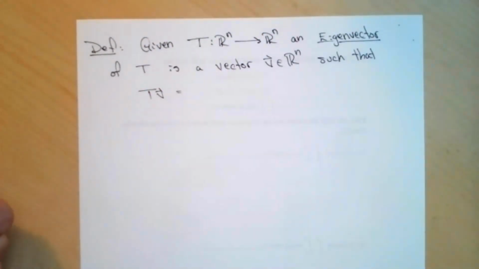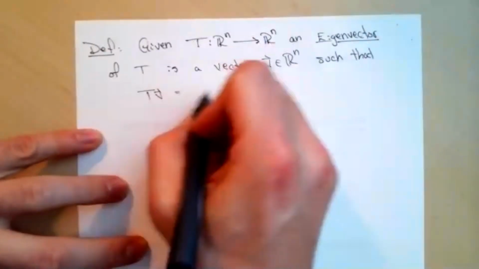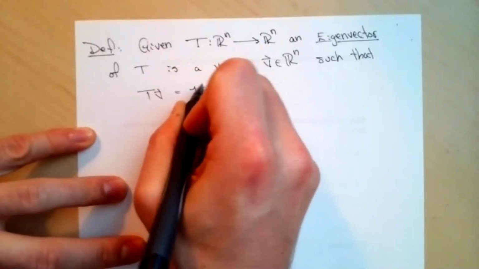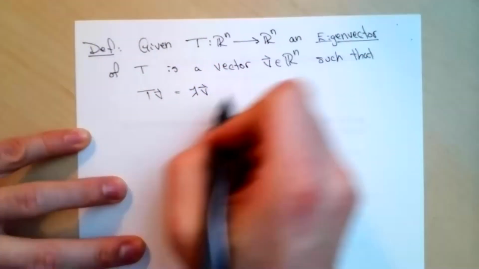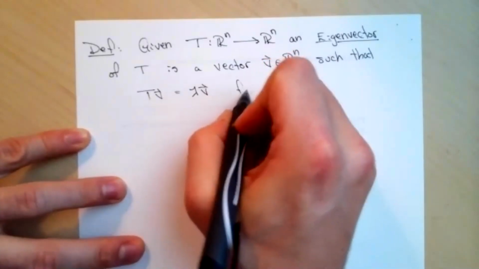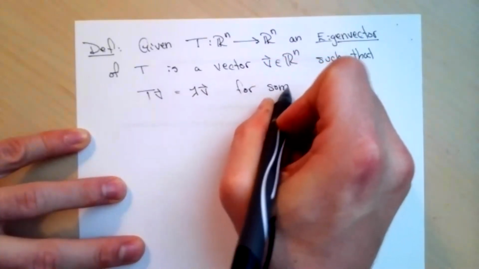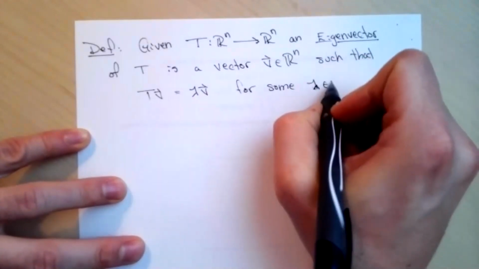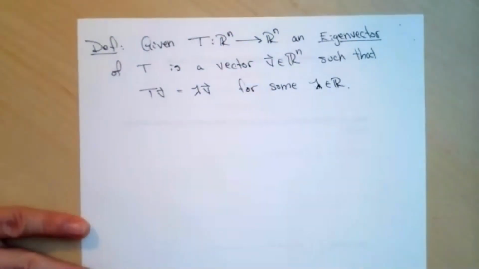Just as we saw with that opening example, it could flip the vector, and we can get a different vector overall, but it has to be in the same direction. And if it's in the same direction, it has to be a scalar multiple of that same vector, for some scalar lambda in our real numbers.